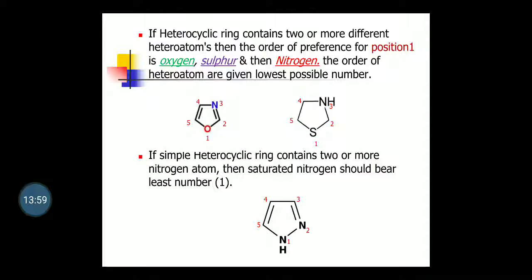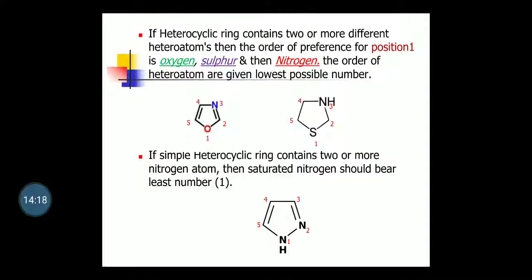So in this way we have seen various rules for numbering heterocyclic rings, and mostly these are simple, single-ring heterocyclic structures. By the first rule, we start numbering with the heteroatom, going clockwise or anti-clockwise.